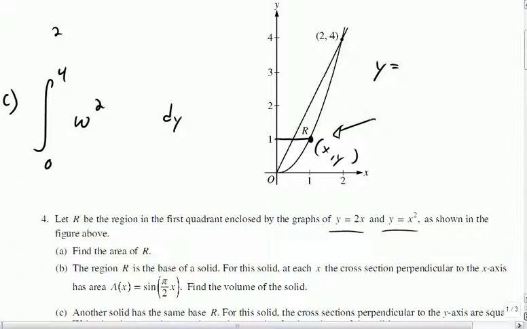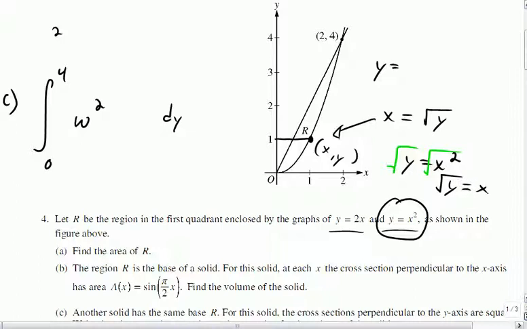It has to be x equals, right? This distance is x, but another way to write x is what? Square root of y? And that came from right here. If you resolve y equals x squared with the square root of both sides, you get square root of y is equal to x.